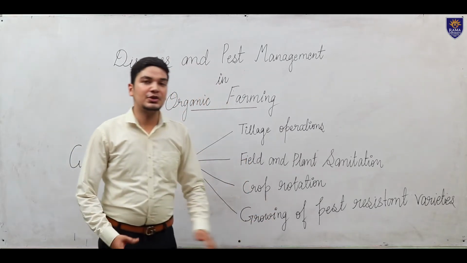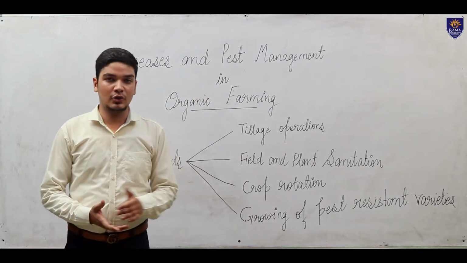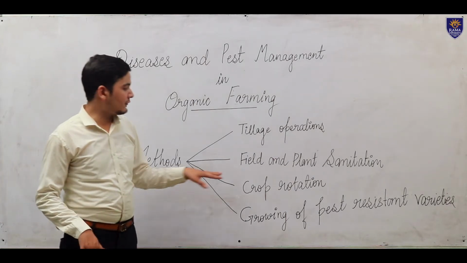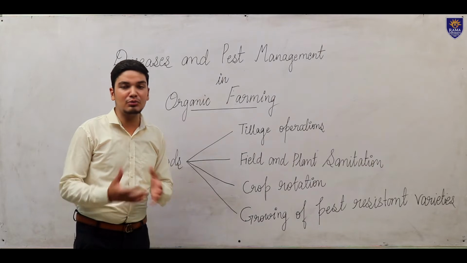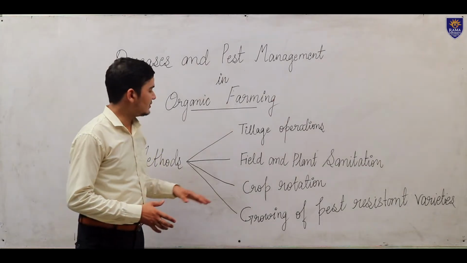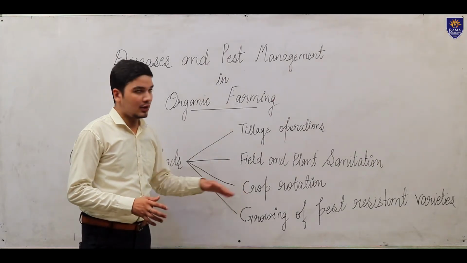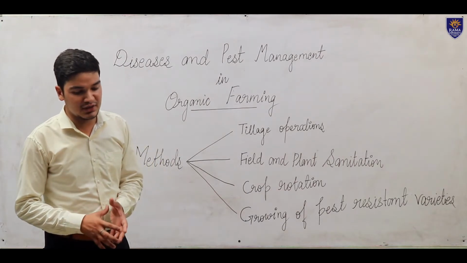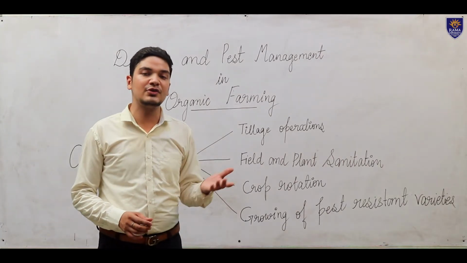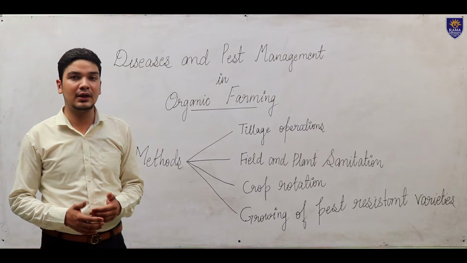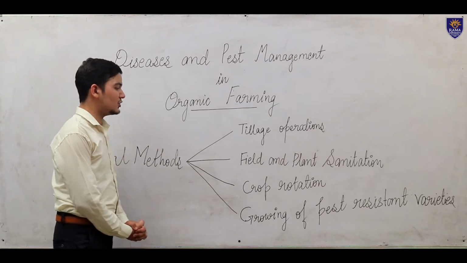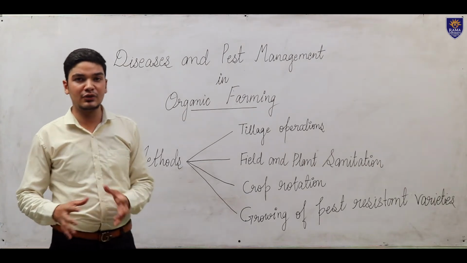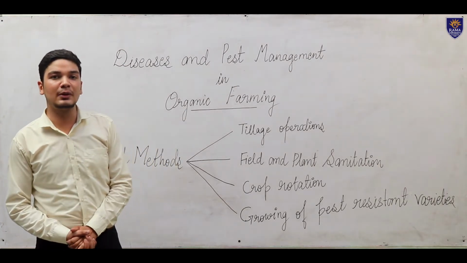In crop rotation, we rotate the crop. There are two benefits of crop rotation. Firstly, if we use a leguminous crop, the nitrogenous substances used by the previous crop can be fixed by the leguminous plants, which take nitrogen and make it available for the plant.